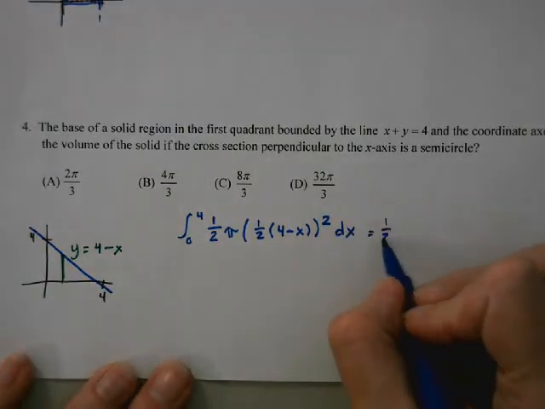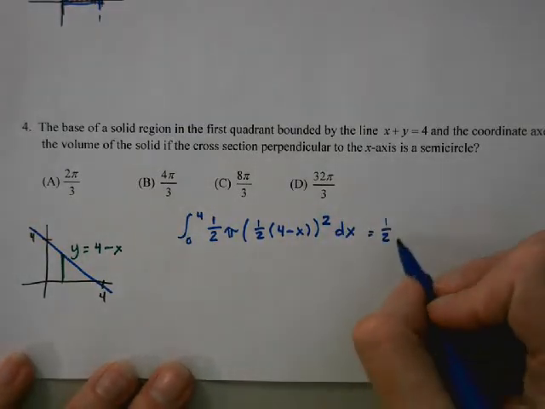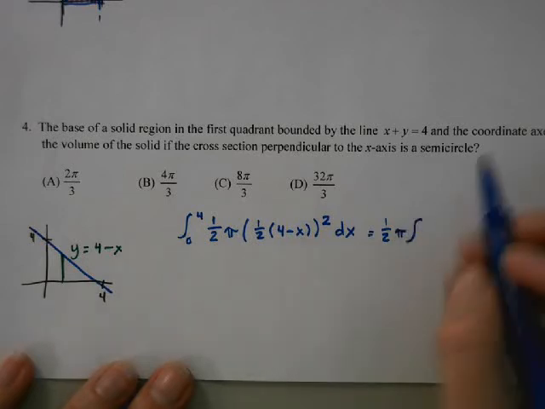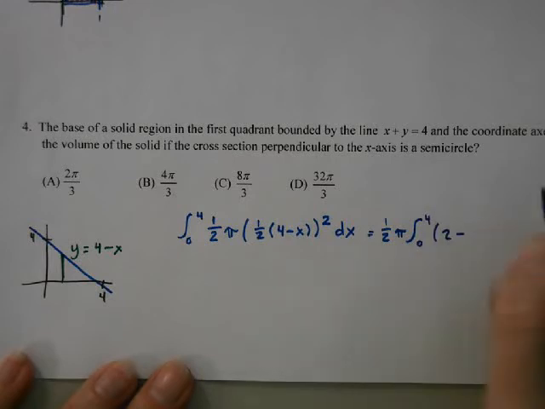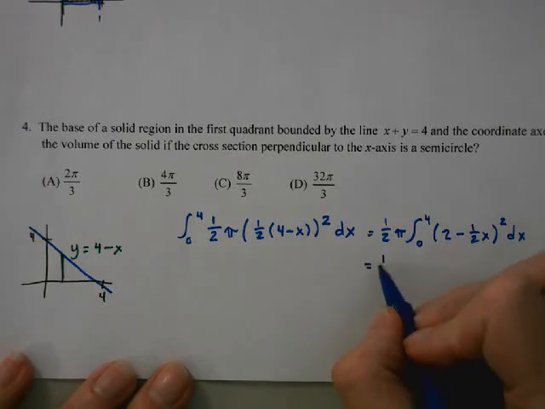So I'm going to pull out the 1/2 pi. I'm going to distribute through the 1/2. So we're going to have 2 minus 1/2 x. We're going to square that. So we're going to have to FOIL.